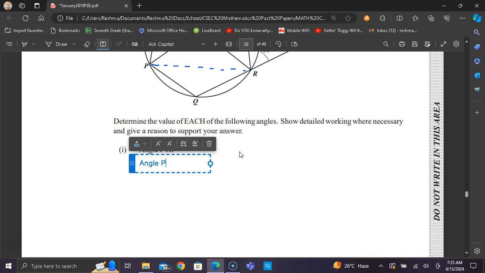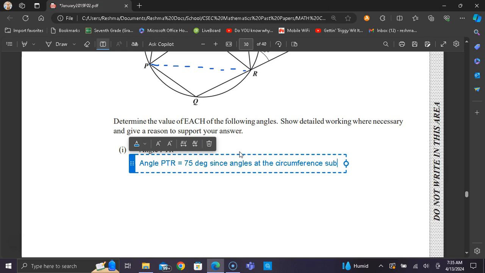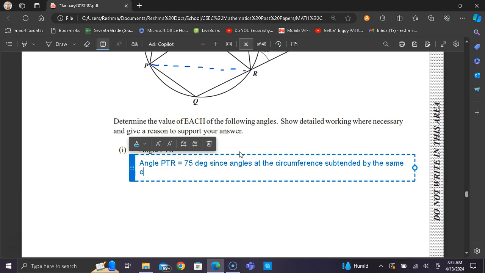Angle PTR is equal to 75 degrees since angles at the circumference subtended by the same chord PR in the same segment are equal.